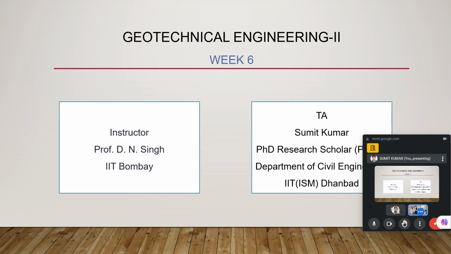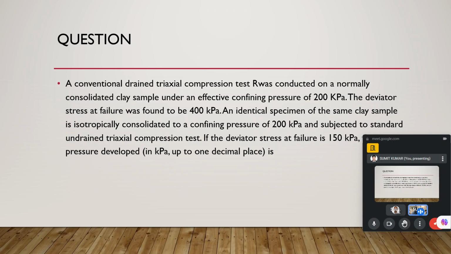Today we are going to implement some more concepts, like the stress path. But before going to that, I want to take two of the questions I mentioned during the last class and solve them in this lecture. Afterward, I will take the content forward.